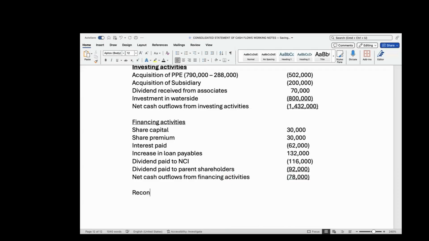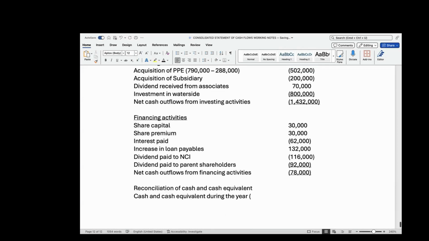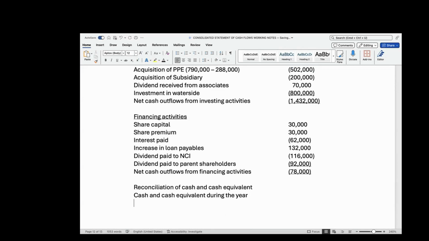So reconciliation of cash and cash equivalents. So cash and cash equivalents during the year, which is 1,330 minus 1,432 minus 78.